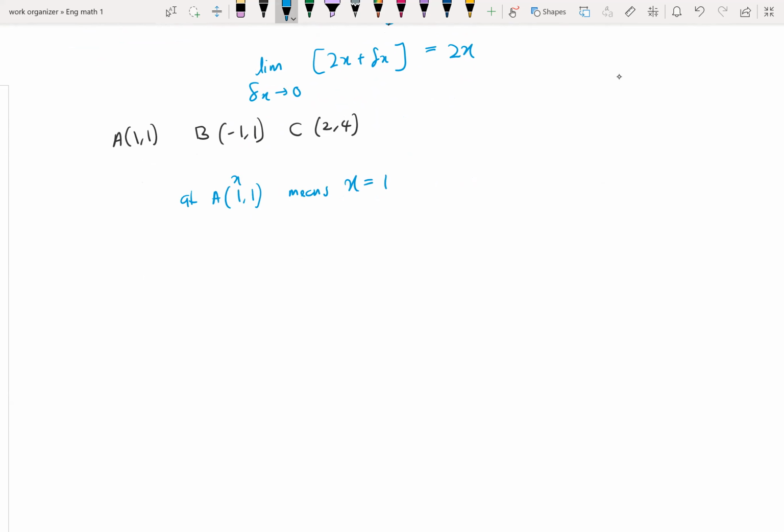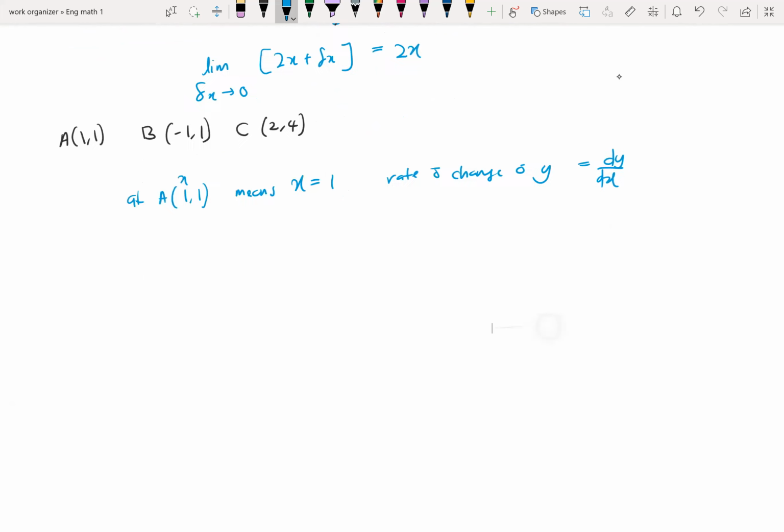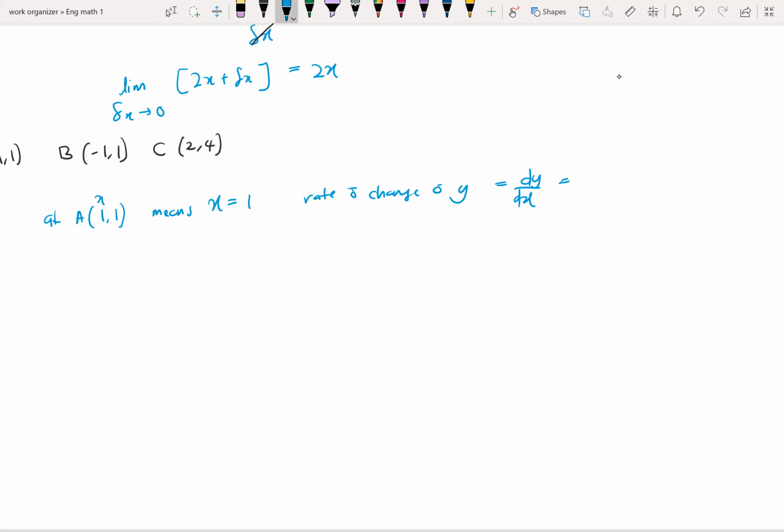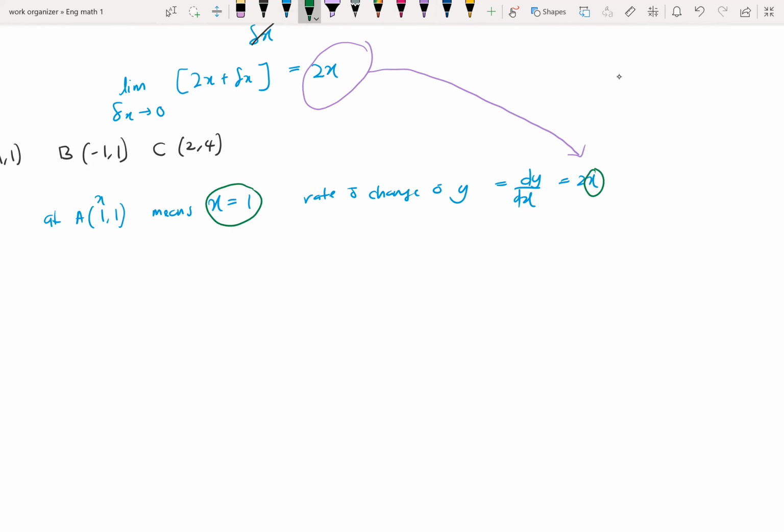The rate of change of y, dy/dx, is 2x. So what we have to do is replace x here with the x value. So it will be equal to 2.